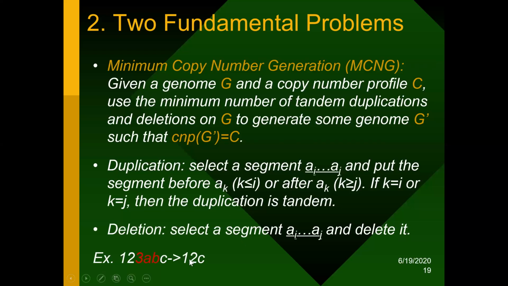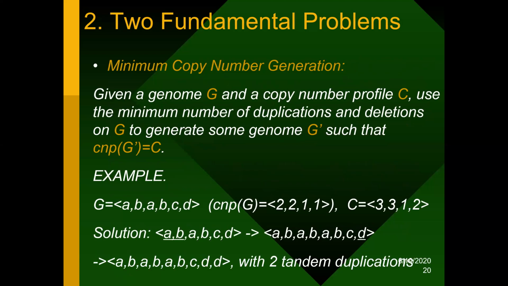Deletion, well, you just take a segment and remove it. For example, you take the segment 3AB in red and remove it, you get 1, 2. So this is a pretty standard kind of definition.